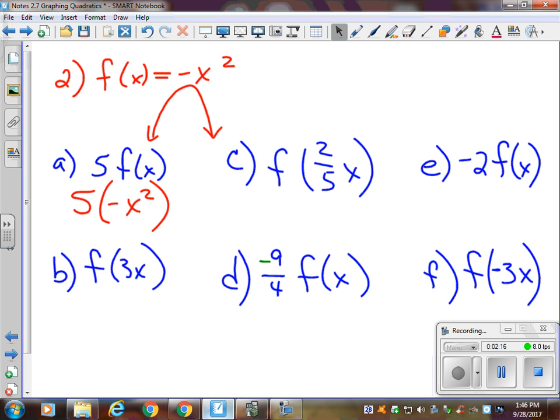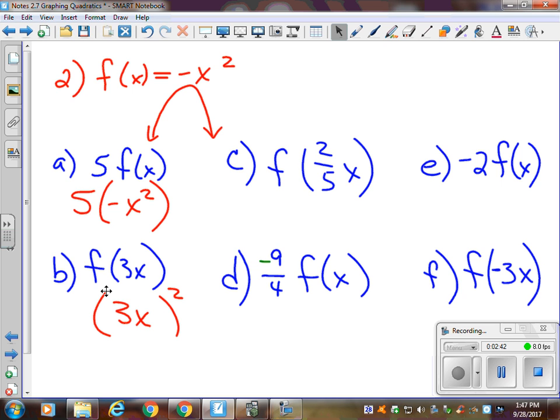Now, let's look just really quickly at doing the 3x one, and then I'm going to let you try the other 4. 3x would have to be on the inside, right? Everybody agree? But there's a negative. Where does it go? Inside the parentheses or outside?